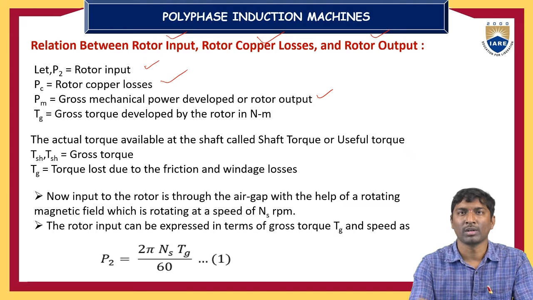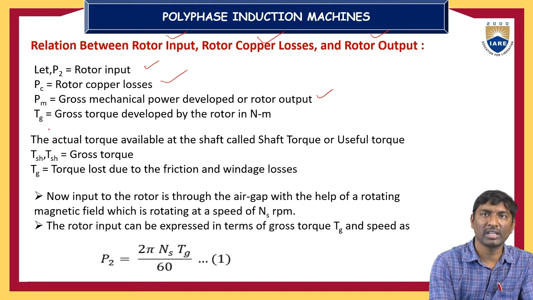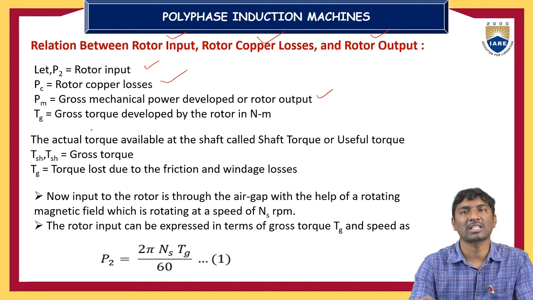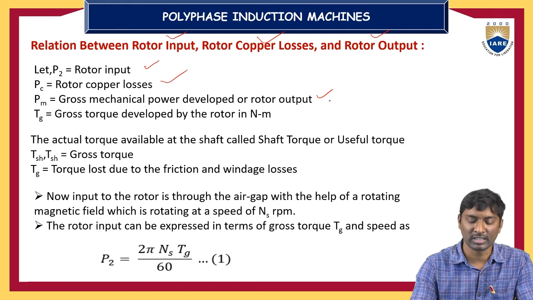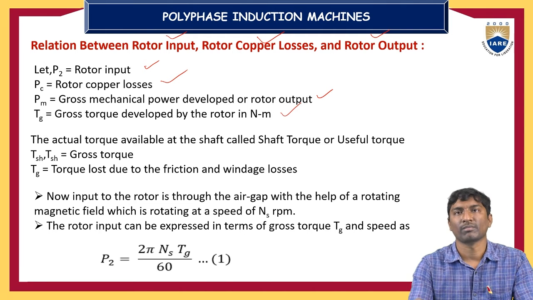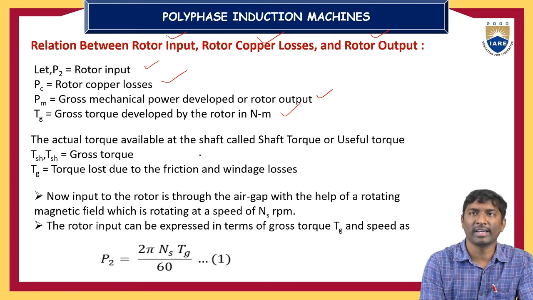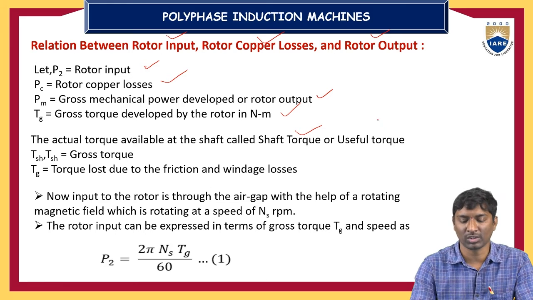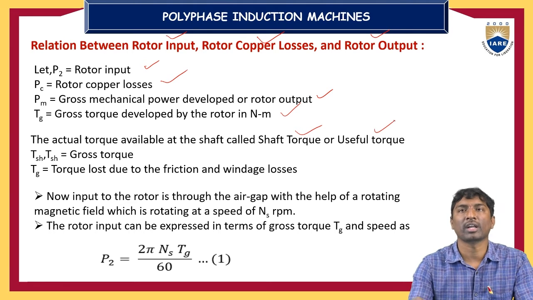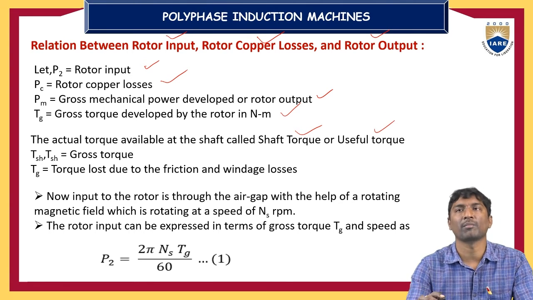So for these three I am finding the relation between the rotor input, the rotor copper loss and the rotor output. Before that, Tg is the gross torque developed by the rotor, in Newton meter. Then the actual torque available at the shaft is called the shaft torque or useful torque.